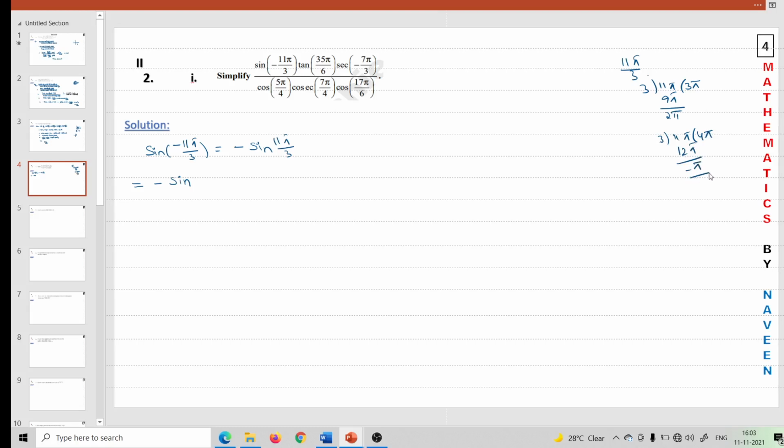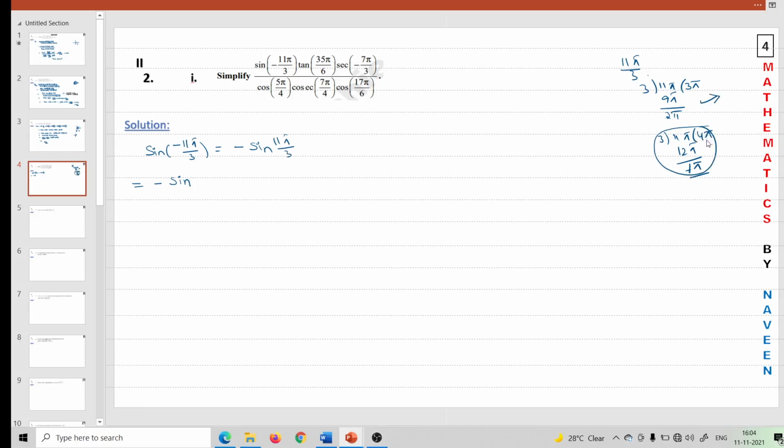Minus pi. Here 2 pi is the remainder, here minus pi is the remainder, and you have to choose whichever is multiplied by 1. Here pi multiplied by 2 and here pi multiplied by 1. So this one is easier to find the solution of 11 pi by 3. The other is also correct, but requires another step.